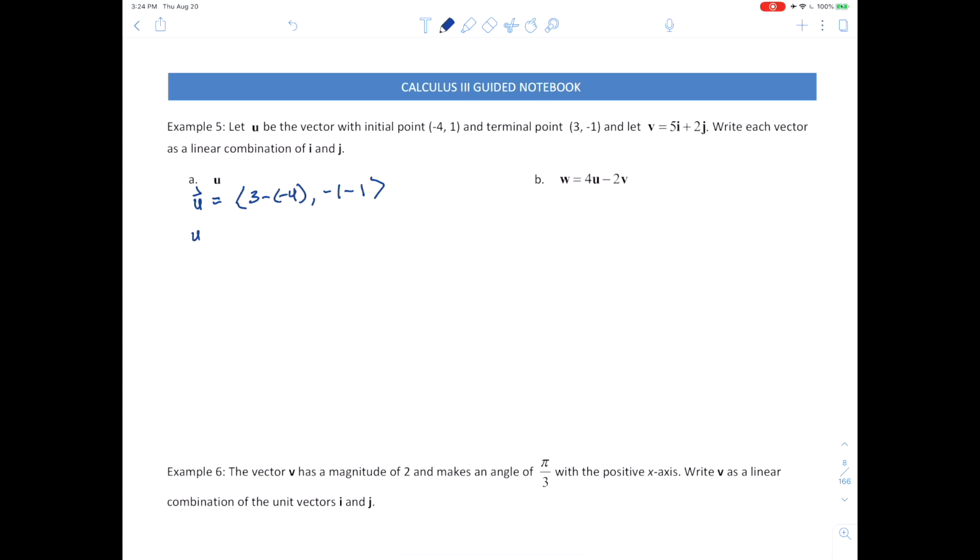And so u equals (7, -2). And so that's like your u1, u2. So now we can just write that as u equals, beautiful, 7i minus 2j. Awesome.